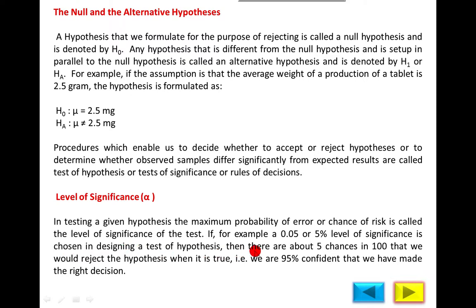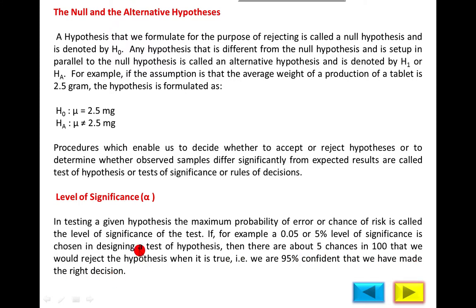Then there are about 5 chances in 100 that we would reject the null hypothesis when it is true. Rejecting the hypothesis when it is true is the error. It indicates we are 95% confident that we have made the right decision.